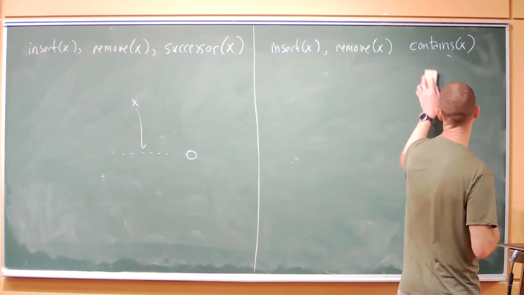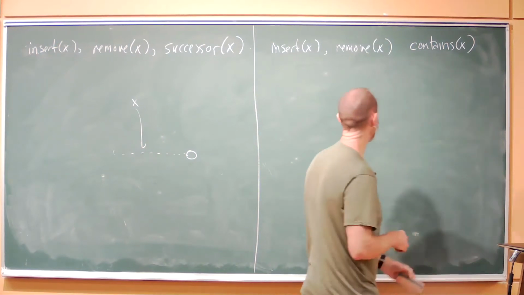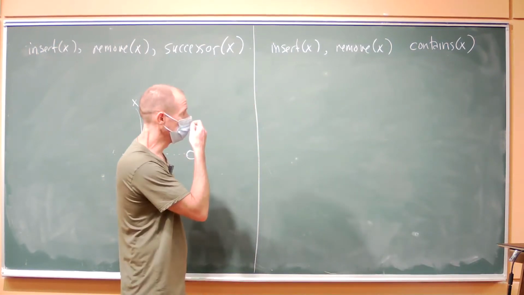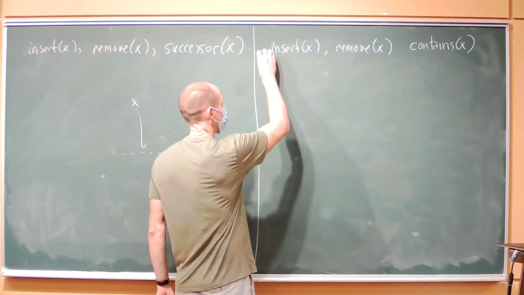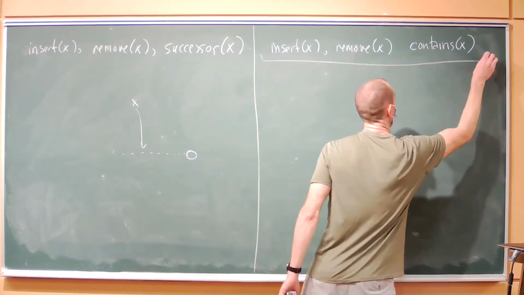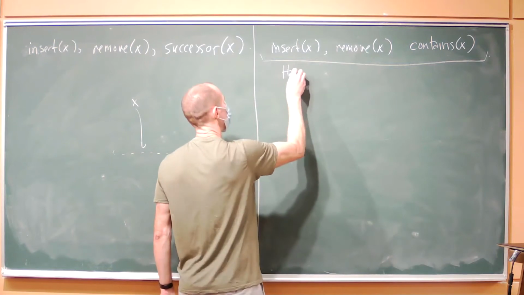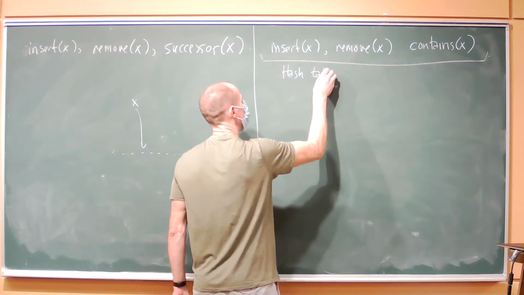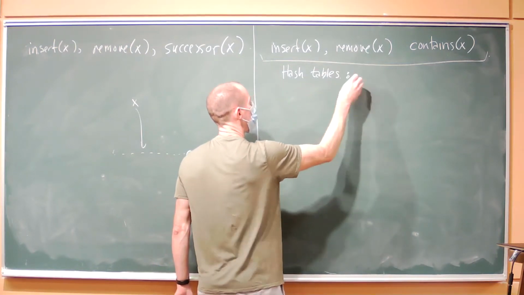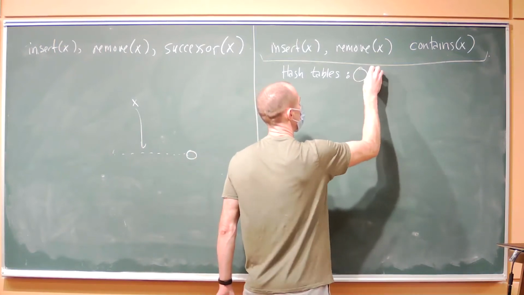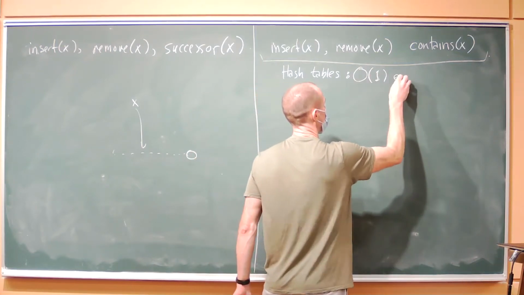You may have seen, and we'll see again in this course, efficient implementations of these, but this is what hash tables do. And even the simplest ones can do this in constant expected time.